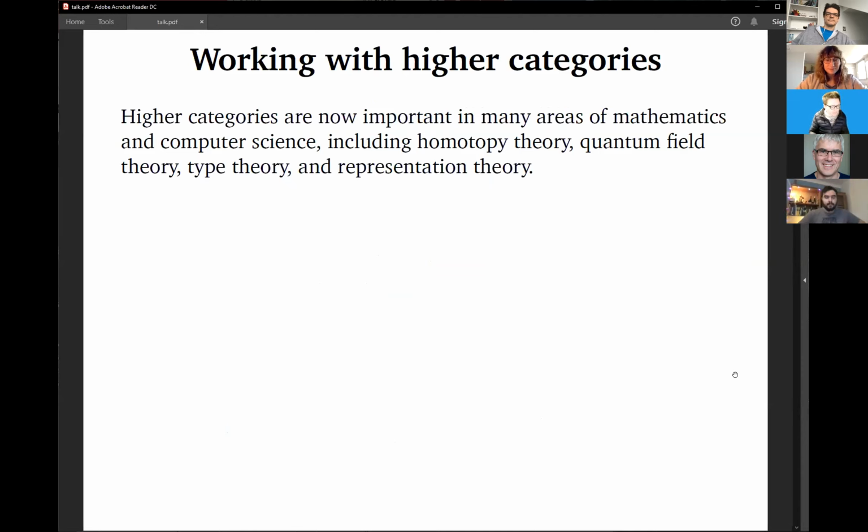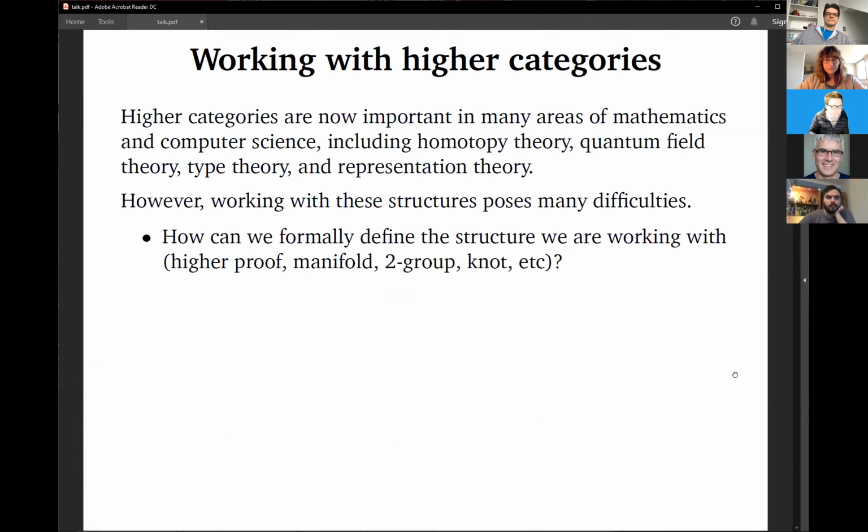People are starting to apply it in all sorts of areas. And in all those areas, the practitioners face similar problems, I would say. How can we formally define the structure that we're working with? This could be some proof, some high dimensional proof. Could be a manifold, a 2-group, some sort of higher algebraic structure. Could be geometrical, could be a knot.